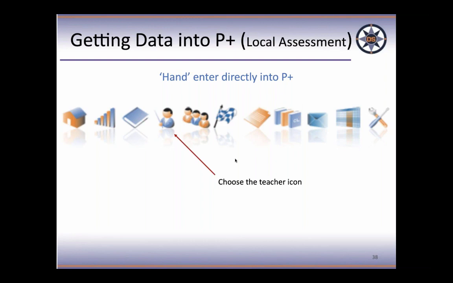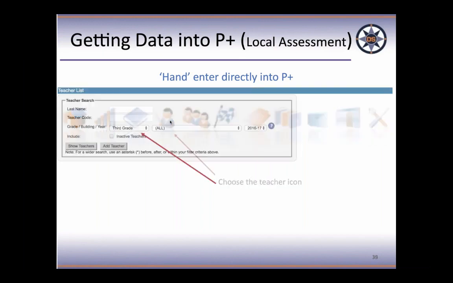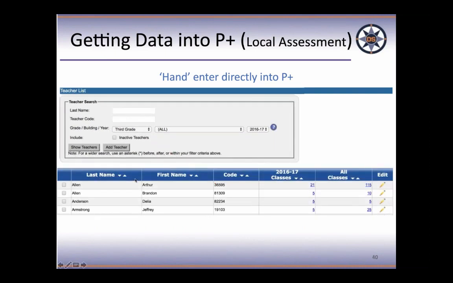But if you can get teachers to do it, it's a pain, but it's great to have years' worth of data in Performance Plus. So if you're going to bypass the spreadsheet and hand enter directly into Performance Plus, you go to the teacher icon, enter in the grade and the building if you need to, teacher name if you have it, but you don't have to have it, show teachers.